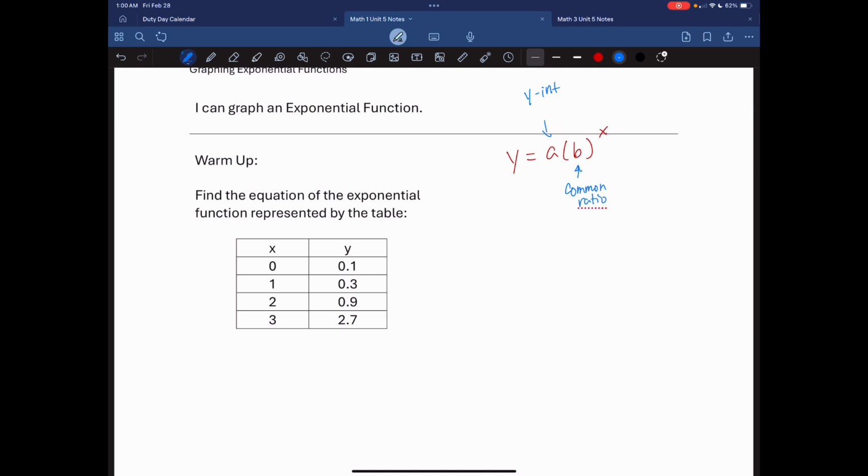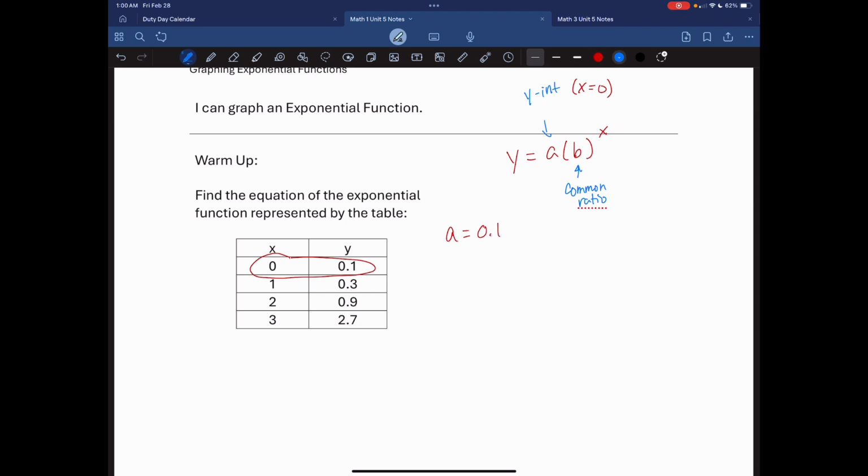As we're looking at this, the y-intercept is just when x is equal to 0. So we can just say that our a is going to be 0.1, because that's going to be our y-intercept.